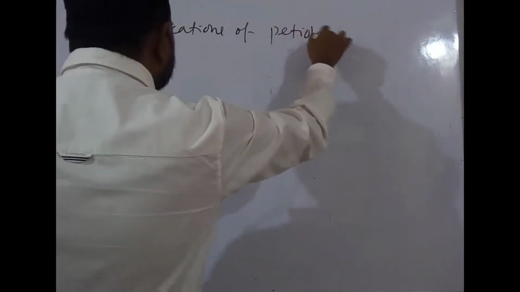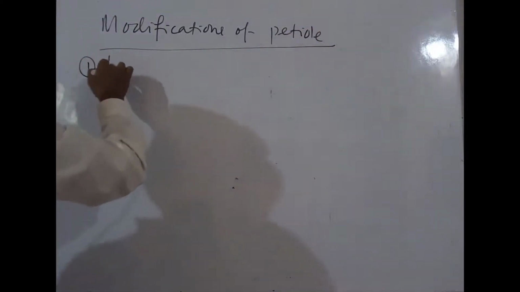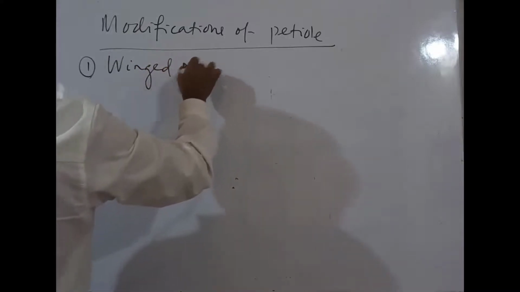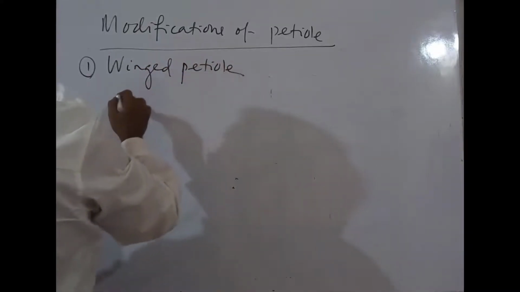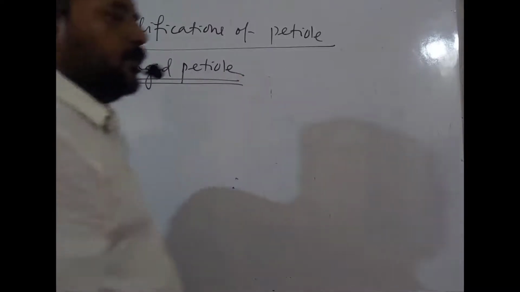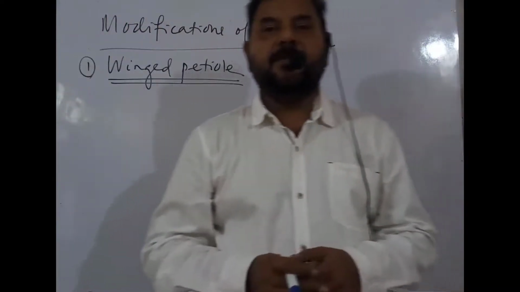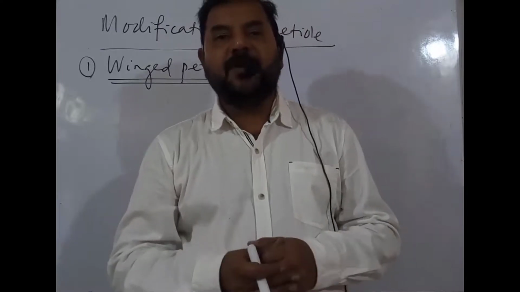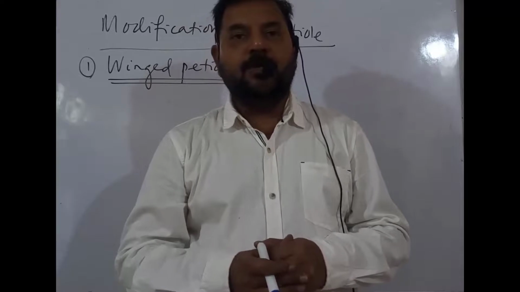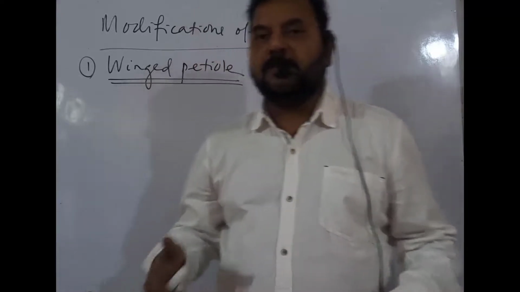So, modifications of petiole. The first modification is the winged petiole. The petiole becomes a wing-like structure. The petiole is the stalk of the leaf, and various types of modifications are there in the petiole to perform some extra functions.